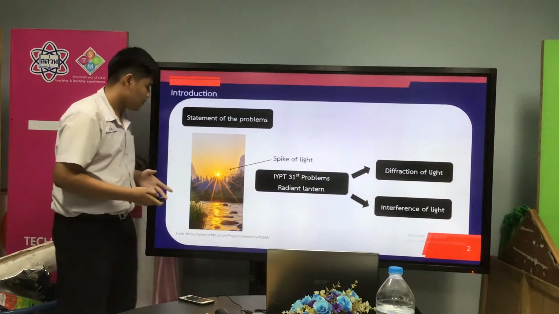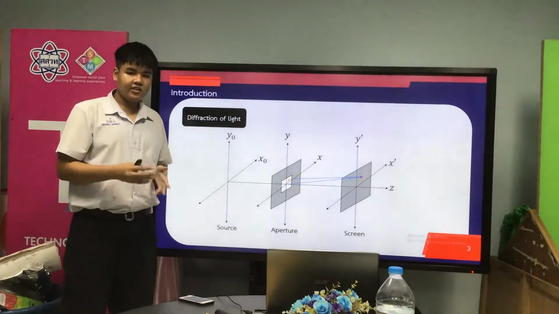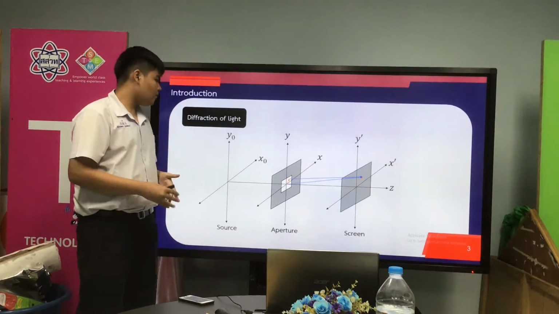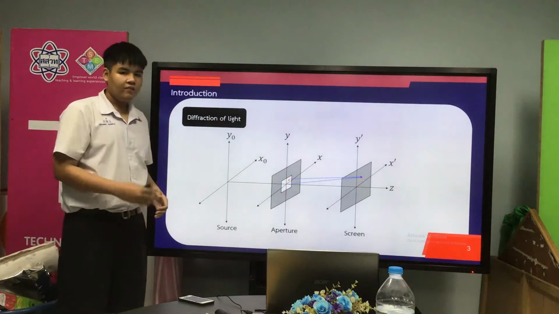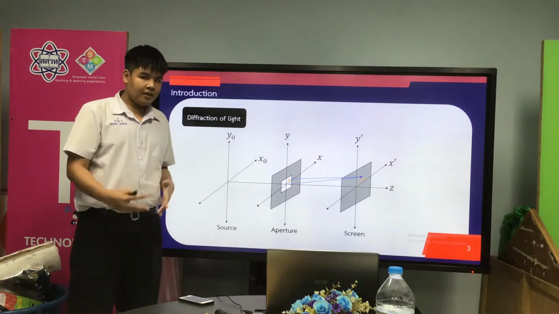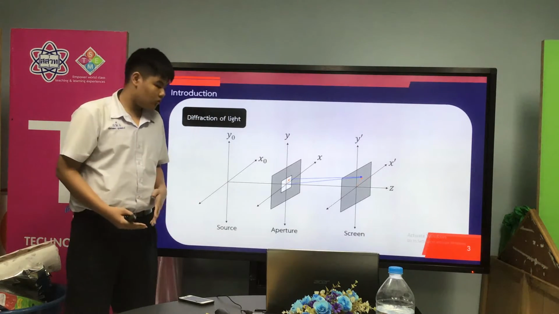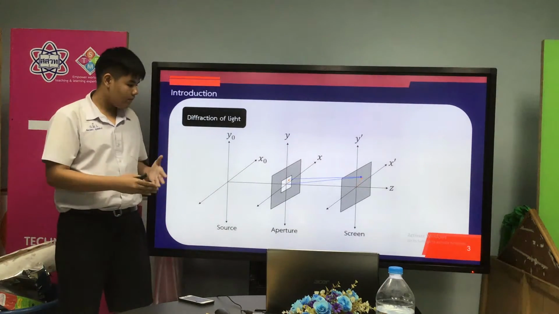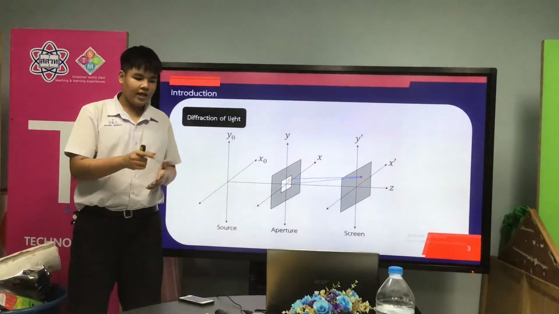From the previous slide, I have to tell you what the diffraction of light is. Diffraction of light is the phenomenon where light meets an obstacle that it cannot travel through. Then the light will diffract around the space that it can travel through.